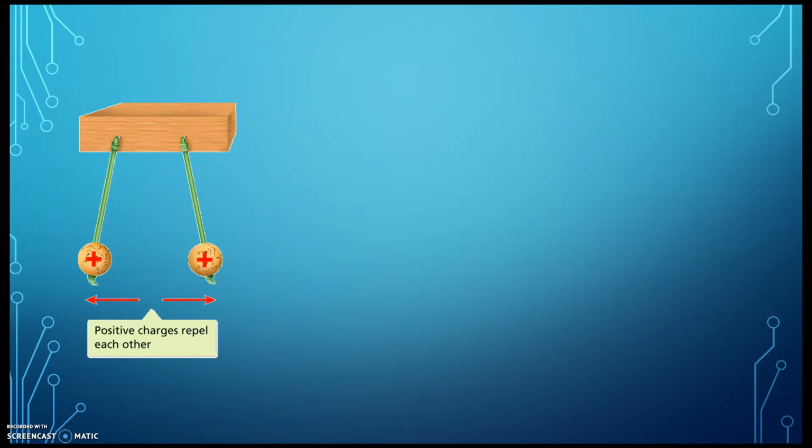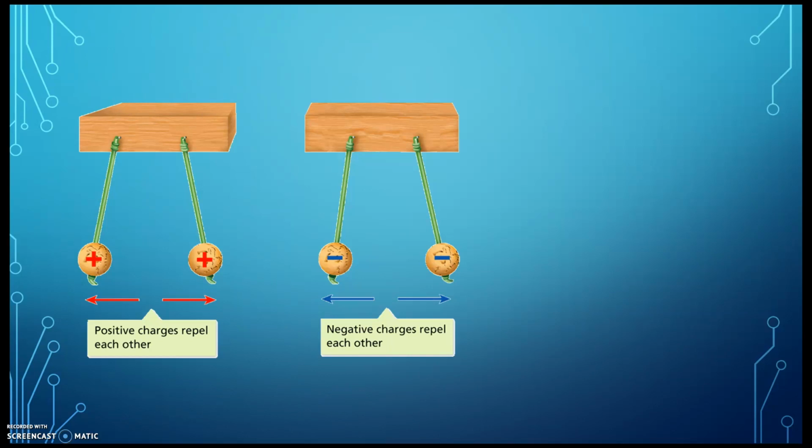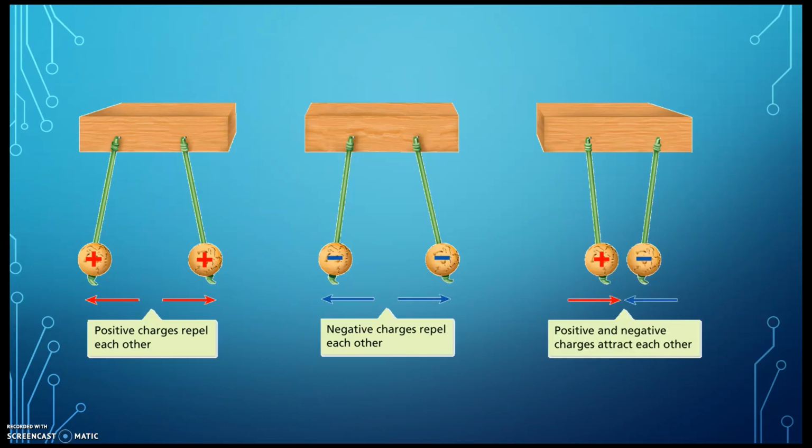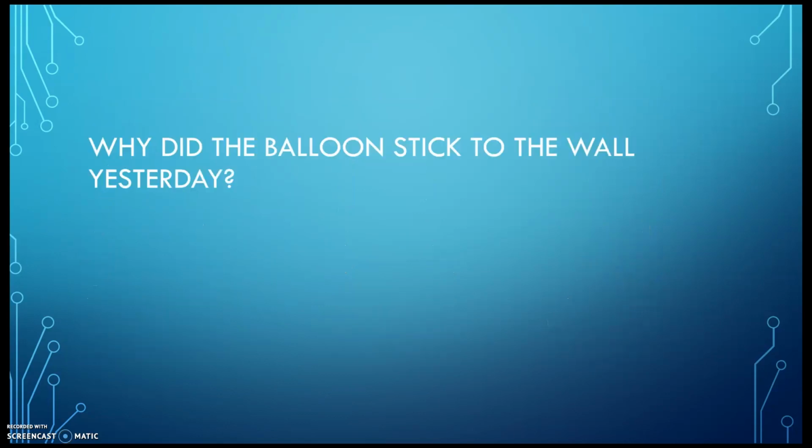And if you guys watched all three of the videos, you saw this happening in some of the videos. And the same thing, if you have two negative charges, they'll also push each other away. But if you have a positive and negative charge, two different charges, they're going to push towards each other, attract.